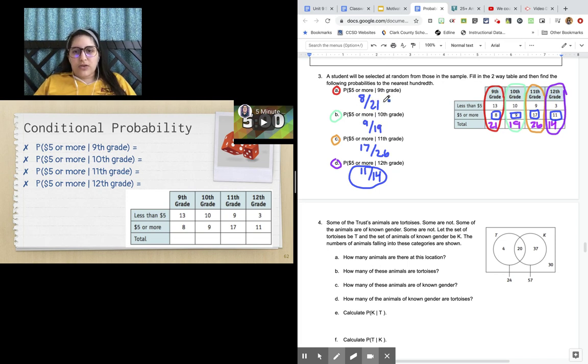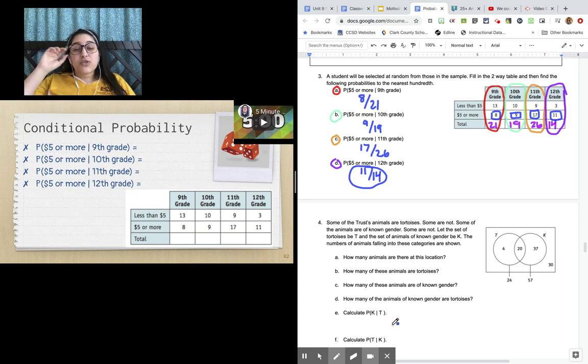The ninth graders were at less than half, so were the 10th graders, and then the proportions increased as you went up the grade scale. So that's something we use conditional probabilities for. It makes it a lot easier for us to do fair comparisons between things, because we're calculating probabilities just within the individual categories.